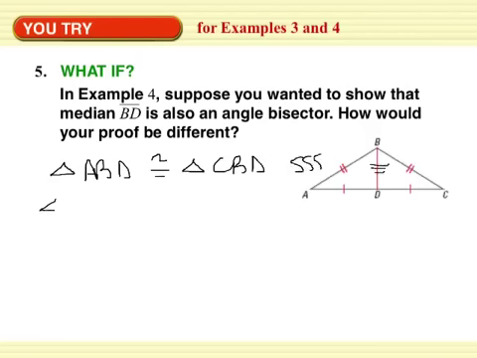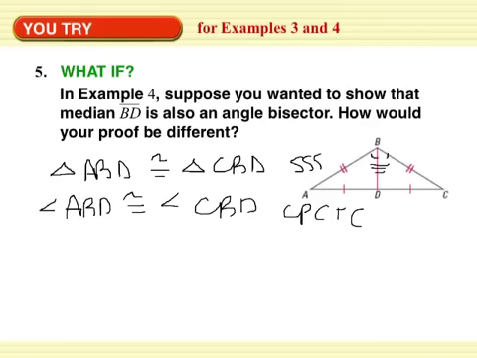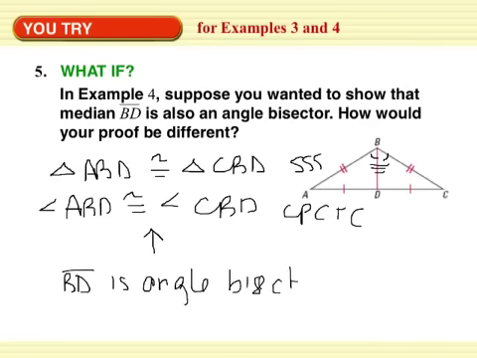So we can say that angle ABD is congruent to angle CBD because of CPCTC. And because those are congruent, you can say BD is an angle bisector because of the definition. It cut an angle into 2 equal pieces. Pretty cool.